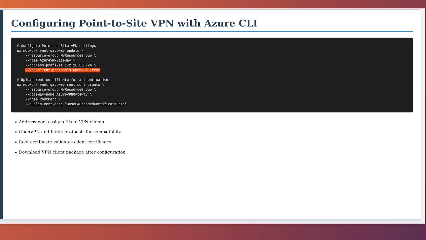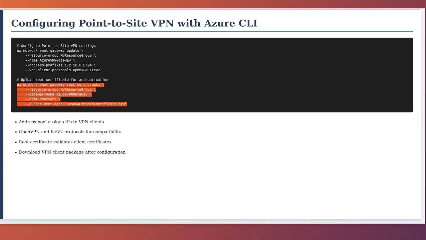The second command configures certificate authentication by uploading the root certificate to Azure, using the az network vnet-gateway root-cert create command. The resource group and gateway name parameters identify the target VPN gateway. The name parameter assigns a friendly name to this root certificate, shown as root cert. The public cert data parameter contains the base 64 encoded public key data from your root certificate.